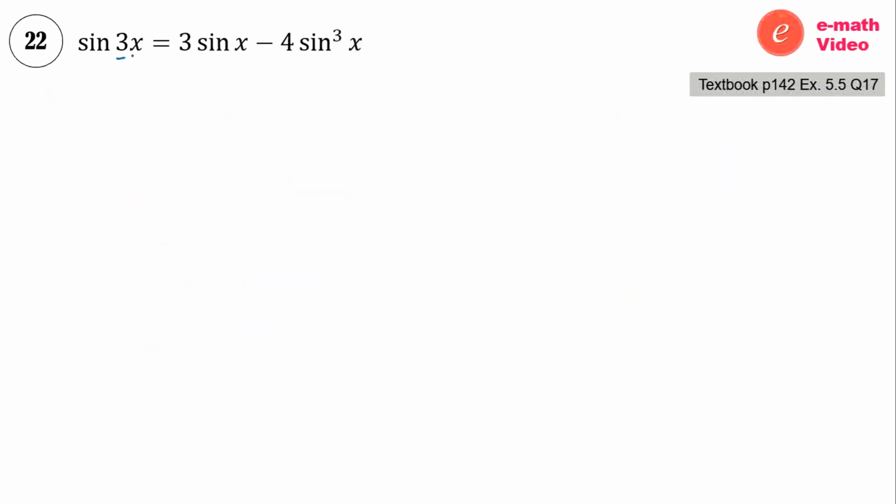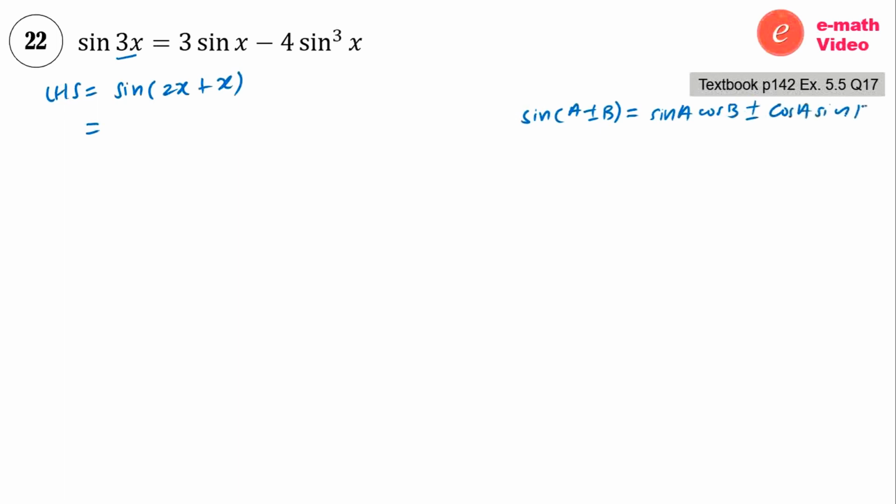22. Same thing, we have 3x here. So on the left hand side, we let it be sin(2x + x), equals to the addition formula, sin(a ± b) equals sin a cos b ± cos a sin b. In this case, our a is 2x and b is x.